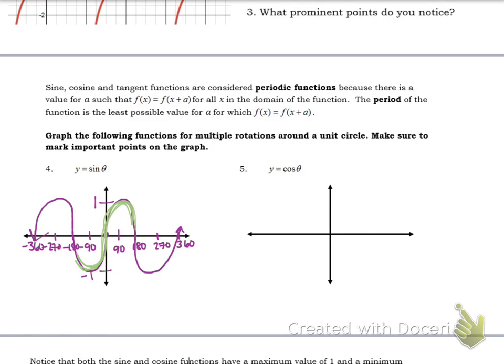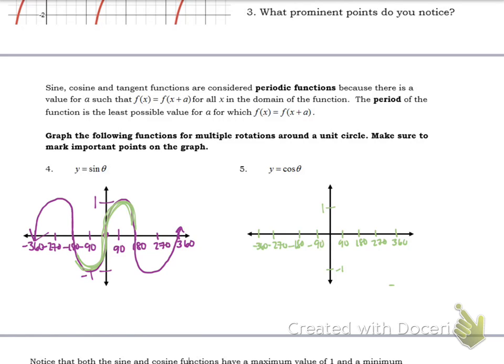Okay, cosine's going to start at the top. So my cosine, we're going to draw it out again. So 90, 180, 270, 360, negative 90, negative 180, negative 270, negative 360, negative 1 to 1.